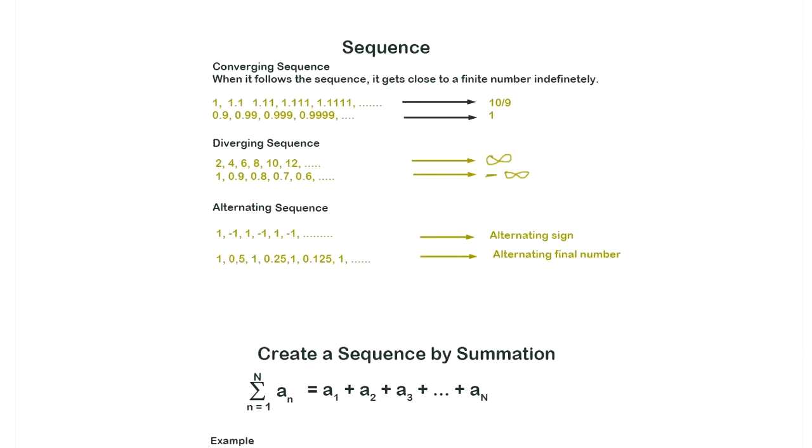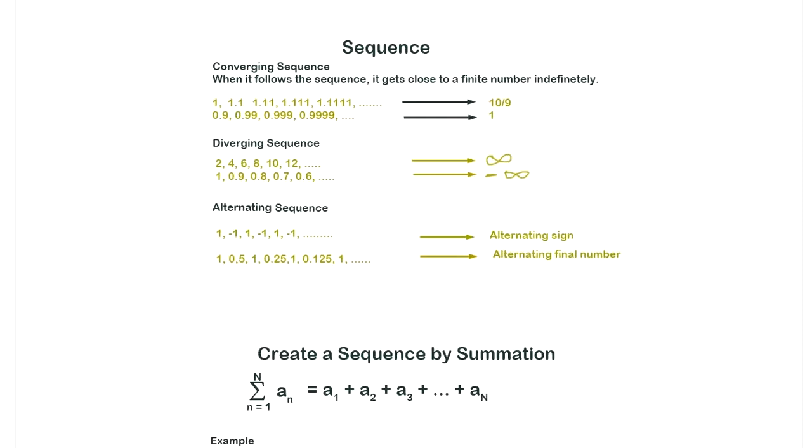And the question is, if you keep repeating the same sequence using a fixed rule, what's the ultimate number you're going to see? For example, this one is 1.1111, it's like 10 over 9. A cyclic number, so 10 over 9. 0.9999 is also 1. A diverging sequence 2, 4, 6, 8, 10, 12, and ultimately it goes to infinity.